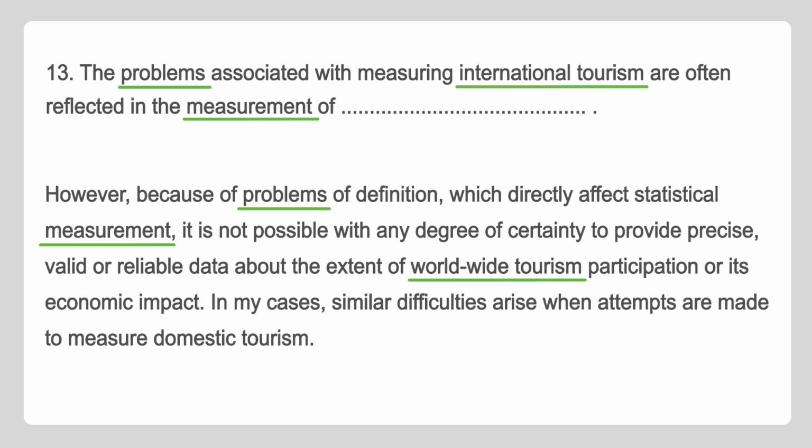All right. Now, when you find your keywords, it's time to read the question again to see what word we need. Do we need a verb? An adjective? An adverb, a noun, what? Now, let's read the question again. The problems associated with measuring international tourism are often reflected in the measurement of.